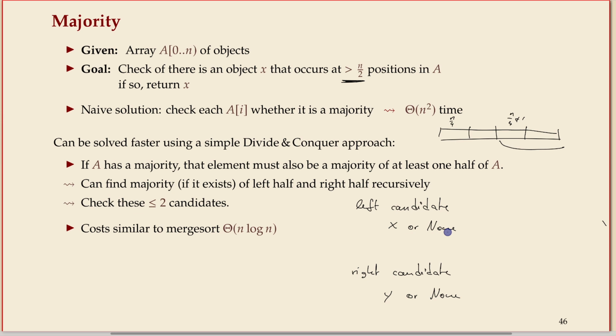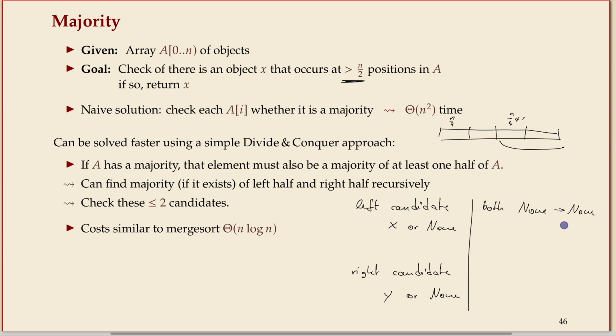If both say none, then there's no majority overall by this argument. Right, as proof by contradiction, if there was an overall majority, then it would have been the majority in either the left or the right side at least. So if both are none, we just return none.